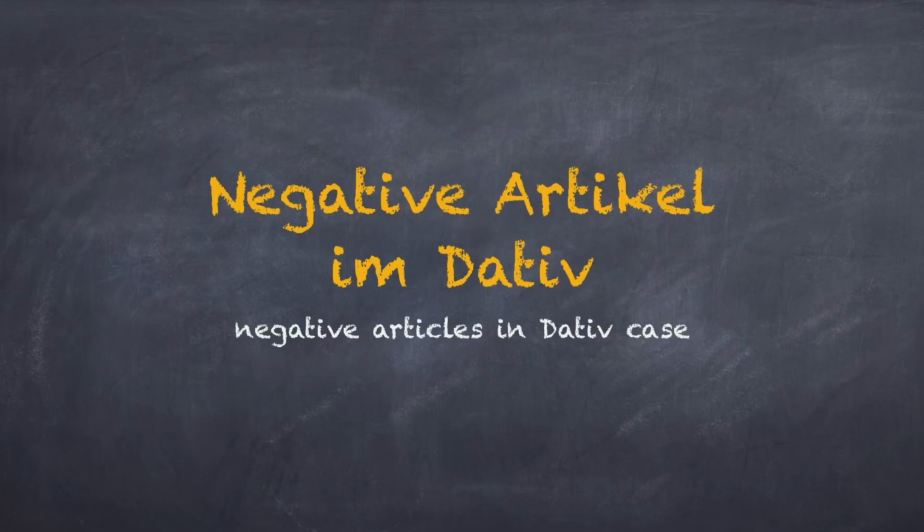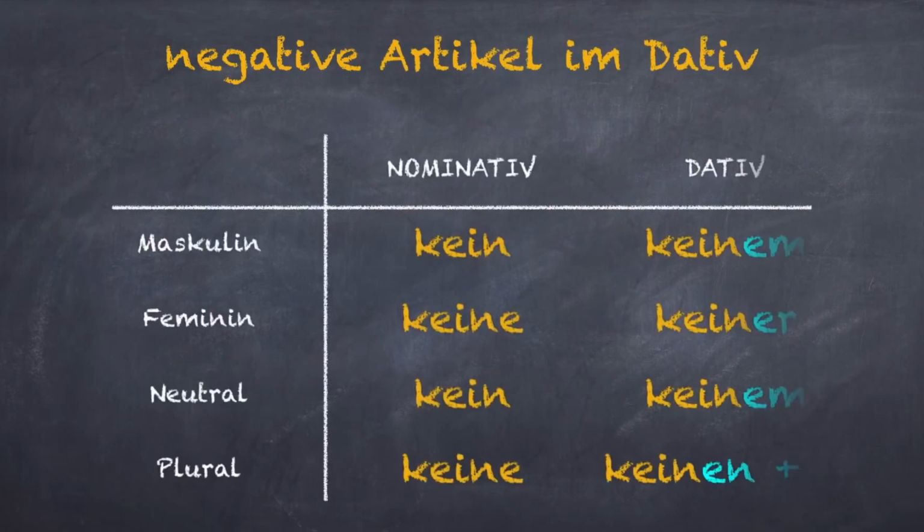Let's move on to the negative article im Dativ. Here's the table where we have summarized them. The negative articles are similar to the unbestimmte Artikel. Let's look at them. For masculine, kein changes to keinem. For feminine, keine changes to keiner.